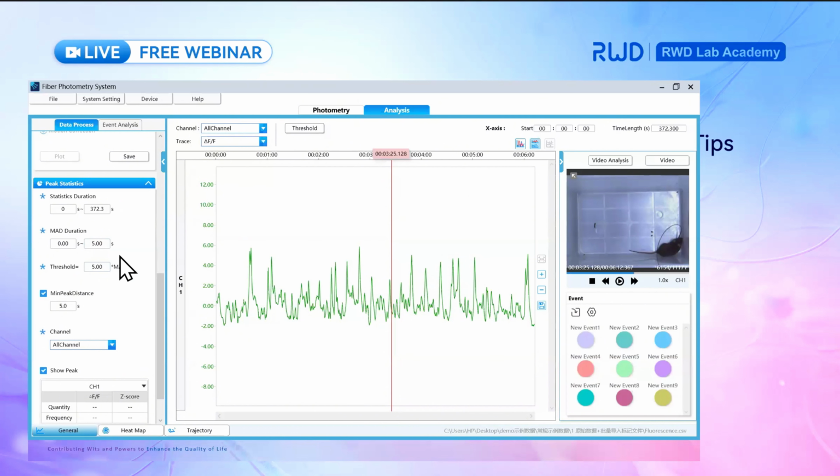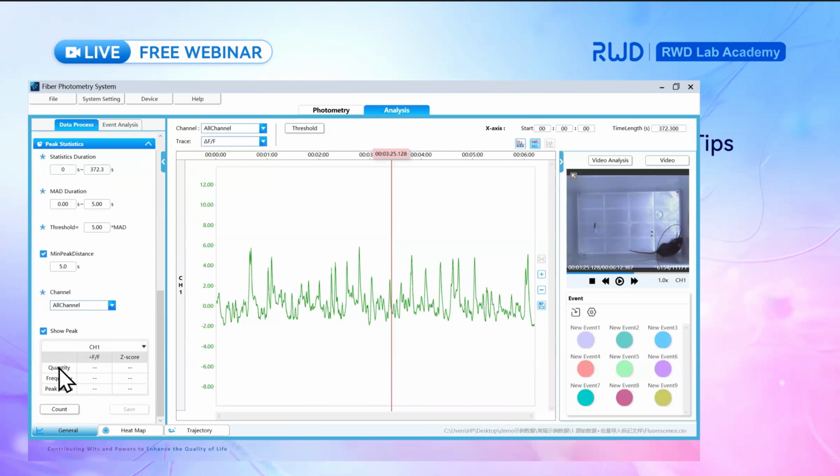So you can also set a minimum interval between the peaks and choose the analysis channel and display the peaks results directly on the trace. And after that, the software can automatically calculate the parameters such as peak quantity, frequency, and mean value.